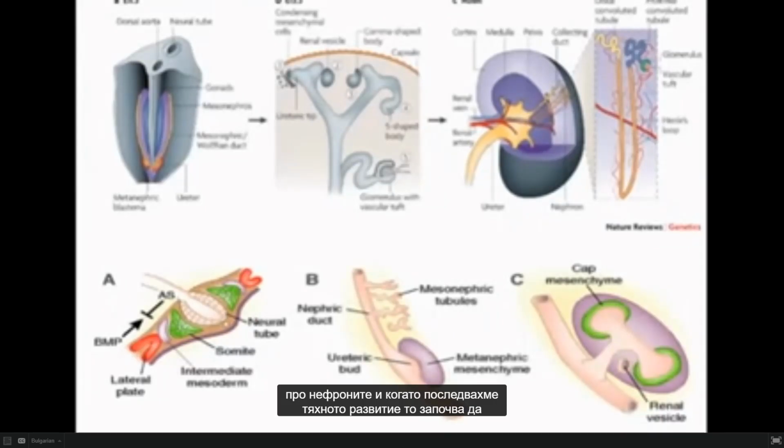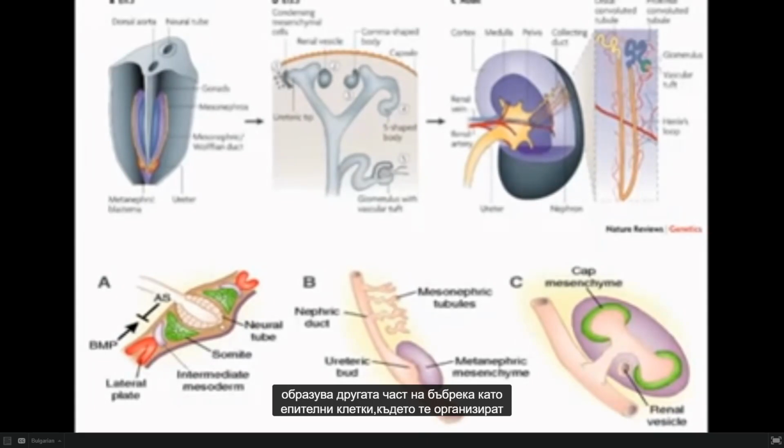When we follow the development, other parts of the kidney start to form, like epithelium cells, which organize the structure inside of the kidney, like canaliculi and tubules. At the end of the spine area in the embryo, the first ureteric part starts to form.